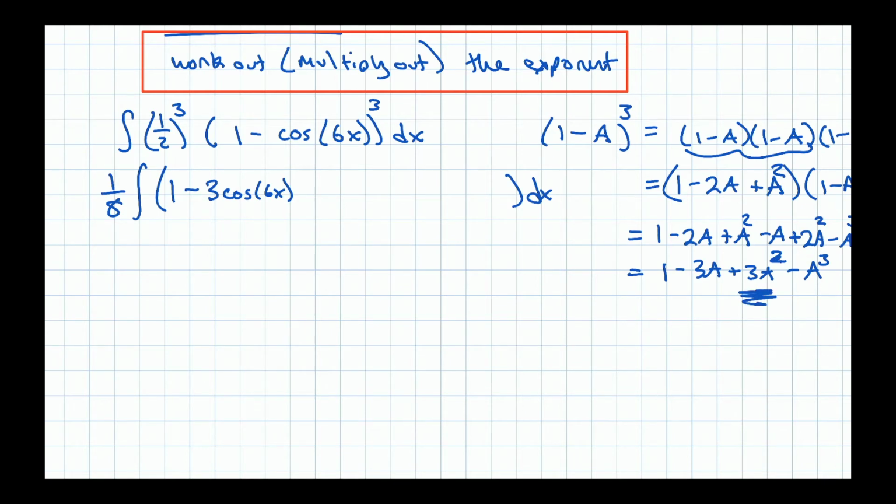And then plus 3a squared, that's going to be plus 3 cosine 6x squared. And then we have minus a cubed, which is minus cosine cubed 6x. Okay. Fun, right?